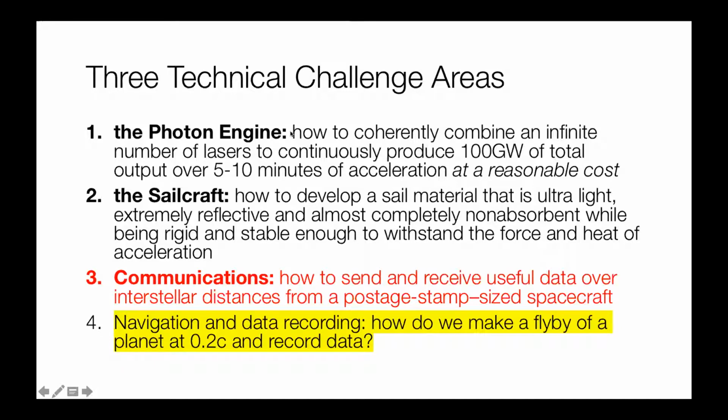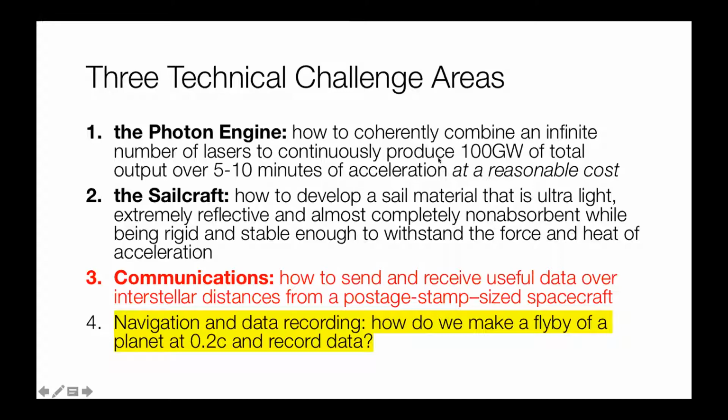And so the question is, is it even possible, feasible, to build something where we have lasers somewhere on the surface of the Earth or the Moon or in space or wherever, but that are capable of being coherently combined on the sail and focused long enough to accelerate it to 20% the speed of light.